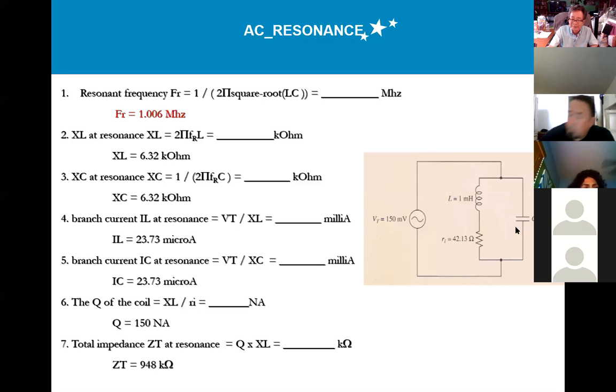The branch current is still there, like in this case, 23.73 microamp. But the line current will be 0, because IC and IL are opposite. Yeah, I see. Is it clear now? Okay, see what's next.